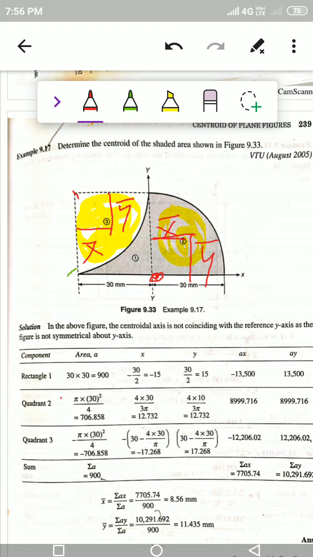But we want with respect to the reference axis, this is the y axis reference, this is the x axis reference. Therefore we have considered this distance, the green line, as well as this distance. Therefore we have deducted from the total distance: 30 minus x bar, 30 minus y bar value.